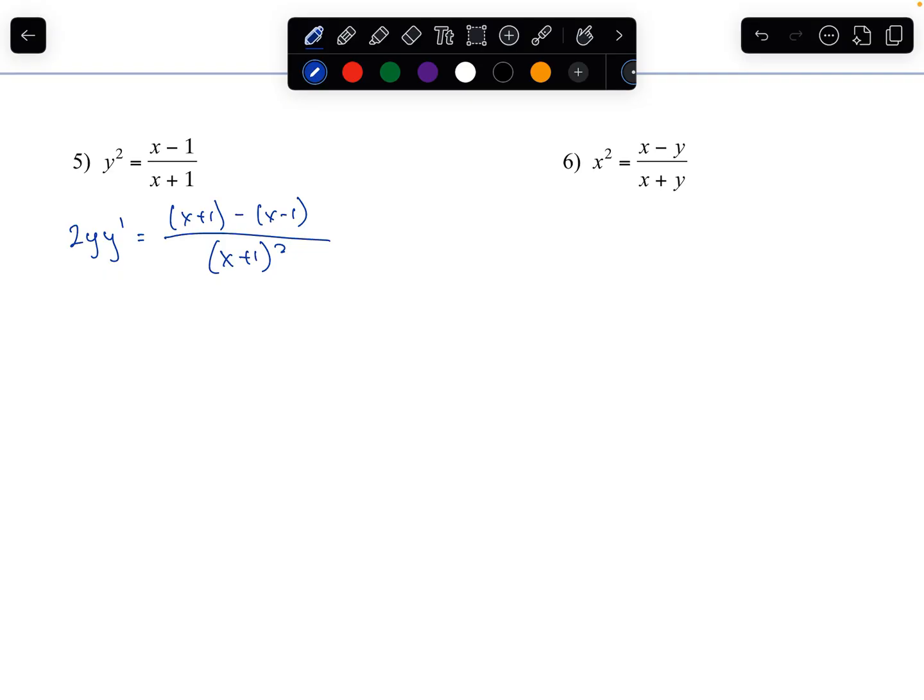And then to get y prime by itself, we'll have to divide by 2y. So y prime will be equal to x plus 1. Let's simplify this right here. Minus x, but then we have a positive x, so that would actually cancel. 1, and then that would turn to plus. So we would have 2 over x plus 1 squared.